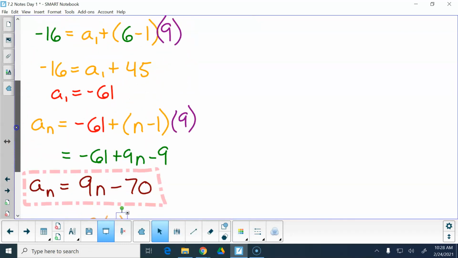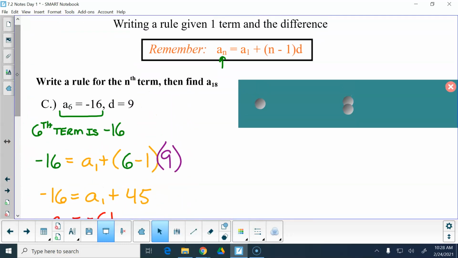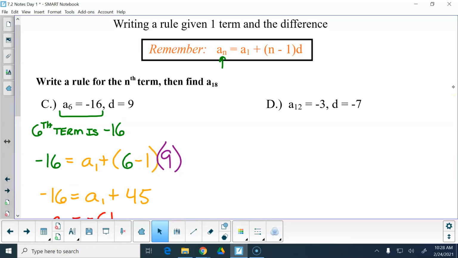With that being said, find me the rule for the sequence, given that a sub 12 is negative 3 and the common difference is negative 7, and find me the 18th term.